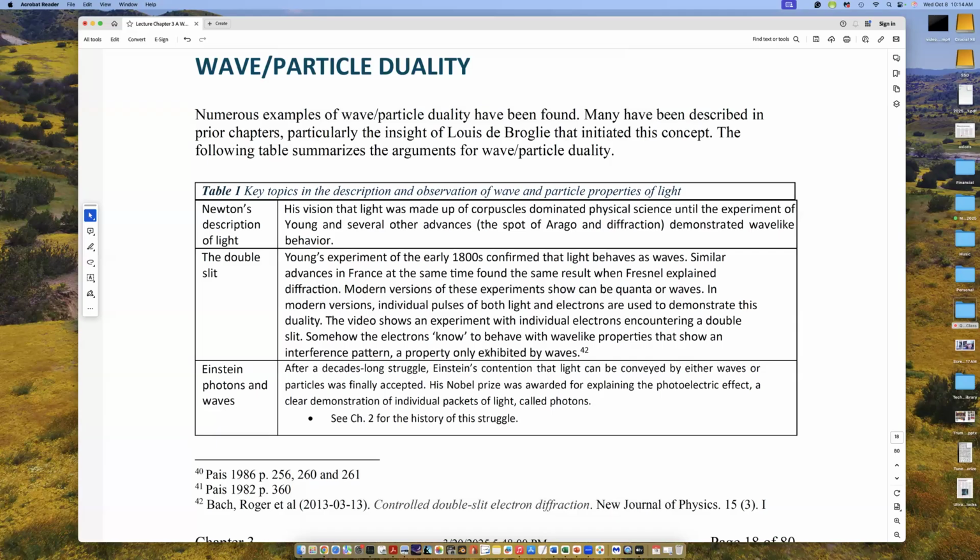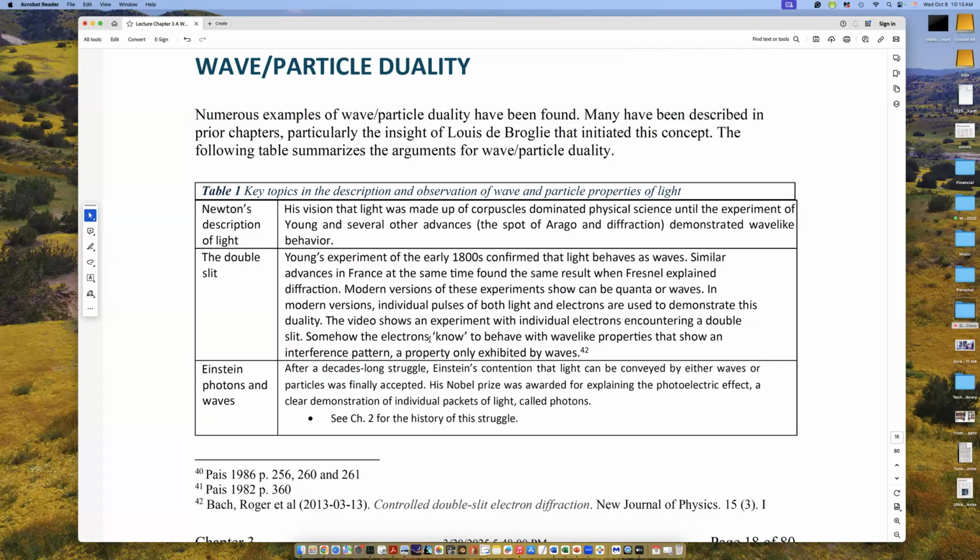But then there were experiments in the early 1900s that suggested that light behaved like particles. Einstein was instrumental in explaining those experiments. So by the 1920s, there was still a debate, and Einstein, who believed in light being made up of particles, was in the minority.